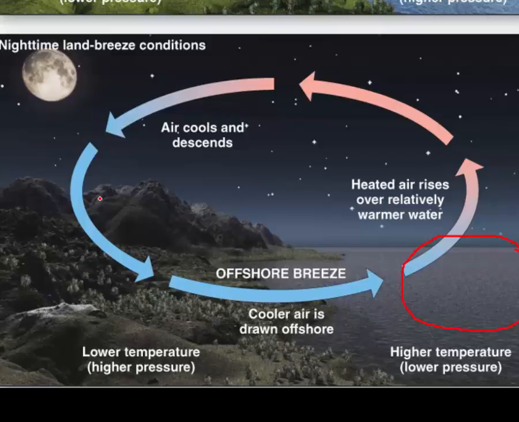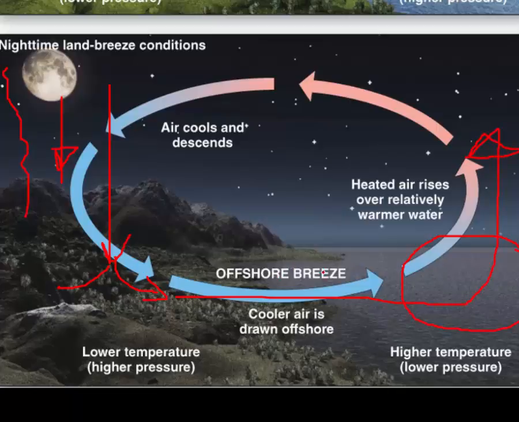The land heats up and cools off quickly, so at night it cools off quickly, long wave radiation is escaping, but the temperature is decreasing. Decreasing temperature means the air is heavier and it cools, it descends, it must go somewhere, and it returns some of it to the sea where it is relatively warmer and then rises.